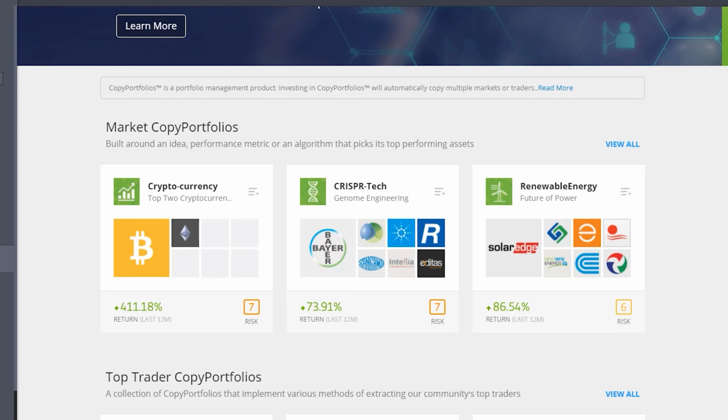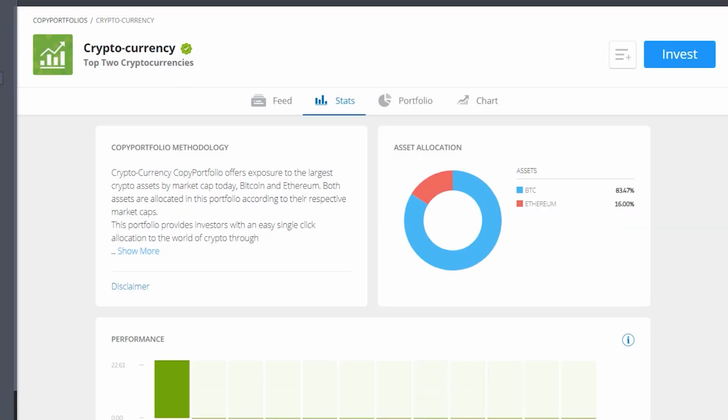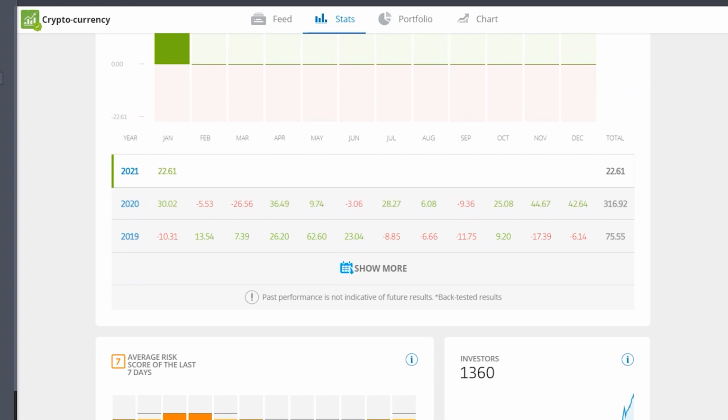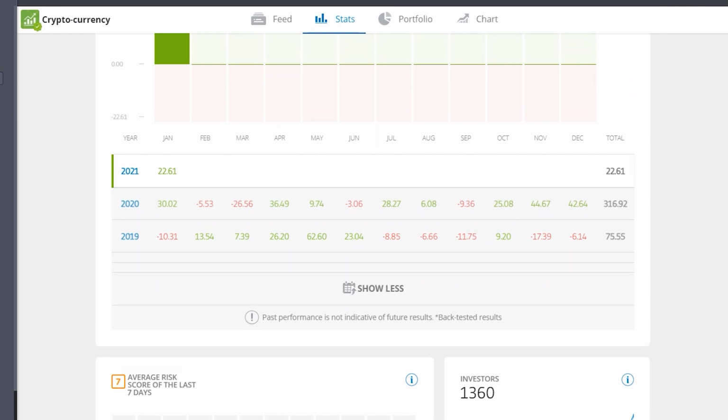So if we open this, just to give you an idea, you can see here that it's not equally split. It's not 50% Bitcoin, 50% Ethereum. It's actually 83% allocated to Bitcoin and 16% allocated to Ethereum. So let's have a look down here so you can see the stats.